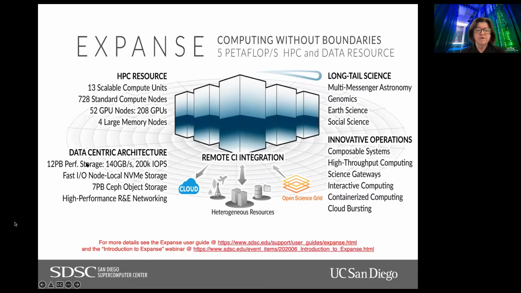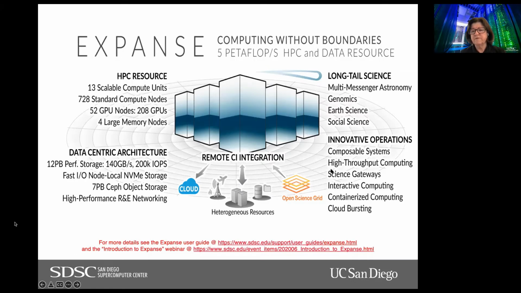It's a data-centric architecture, so we have large storage and fast I/O, and I'll show you some diagrams of that. And then also some new experimental innovative features: composable systems, which is computing out on the edge, high throughput computing.